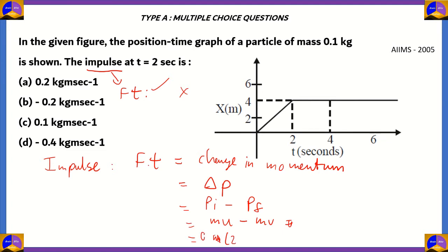So the mass here is 0.1 times 2 minus mv. At this stage it is 0, so m times 0. So we don't need to write the value of m, that is 0.1, because anything multiplied by 0 makes it a 0 anyway.